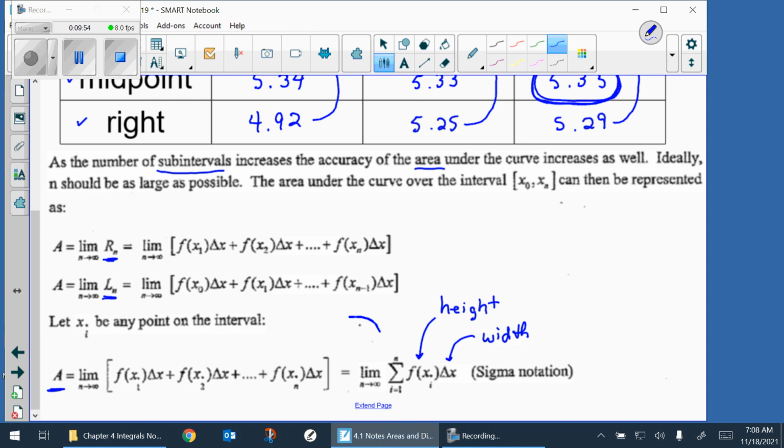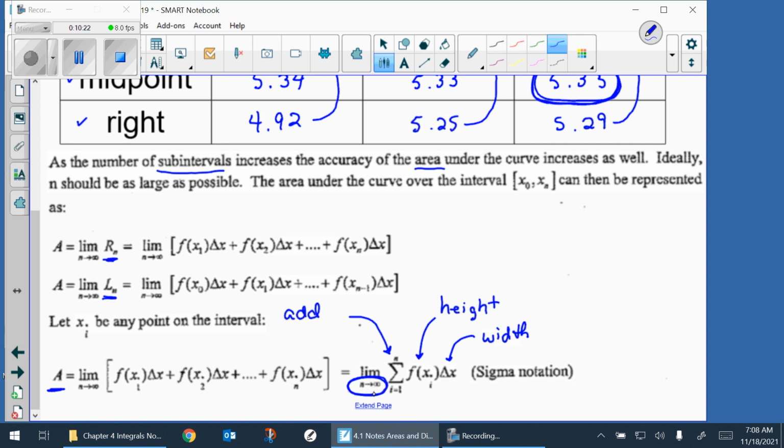And you recognize that notation? Summation notation, we're going to add all of these guys up. Two rectangles, 10, 50, 100. In fact, what we're going to do to be really, really accurate is add up an infinite number of rectangles.